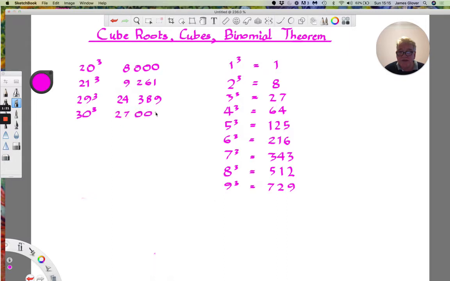And the reason for this is that I want to point out something about the cubes.